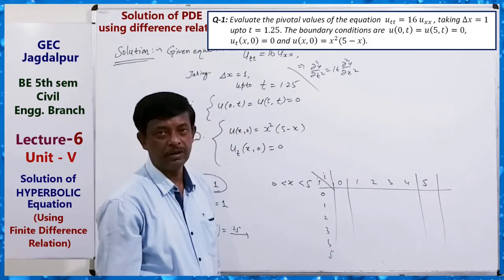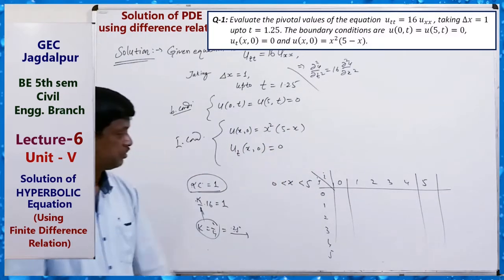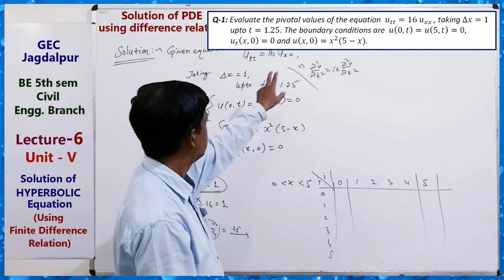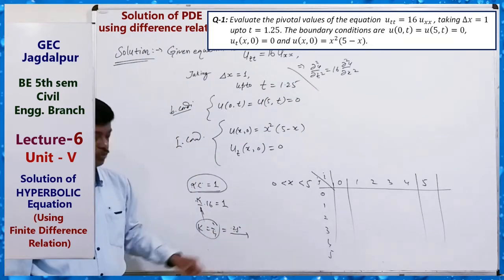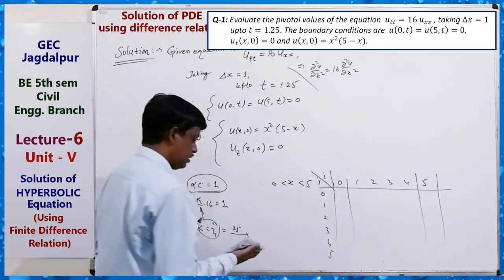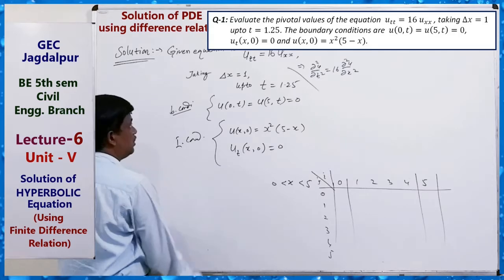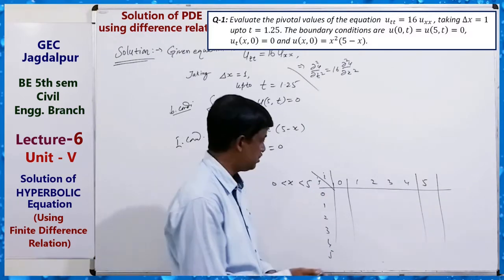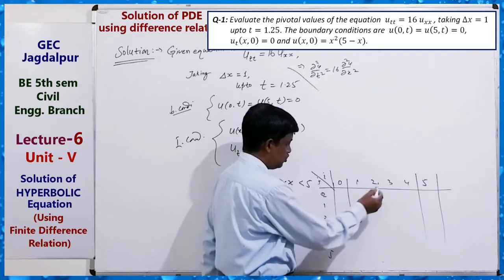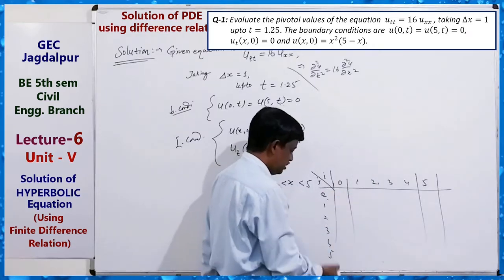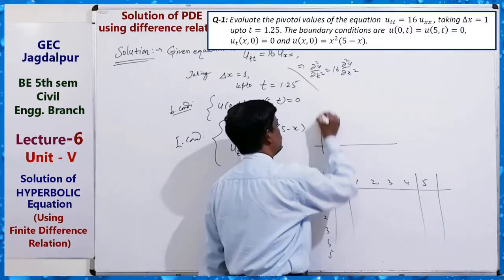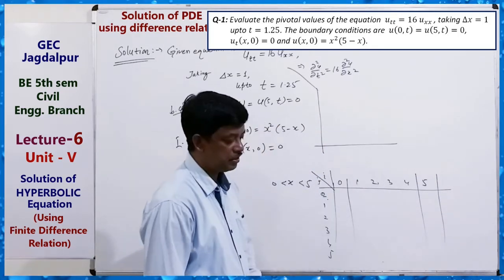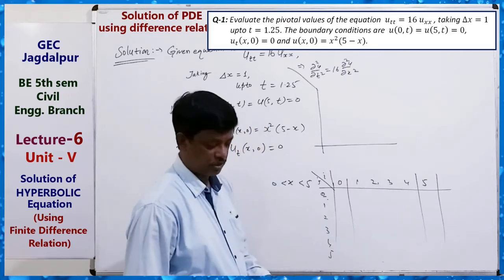This will be our level, and we can reach 1.25 because k equals 0.25. To find the values of u, we have to prepare a table for the mesh points, with the value of i here and the value of j here.